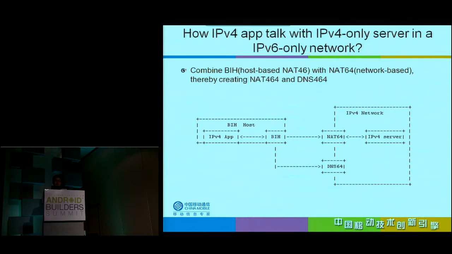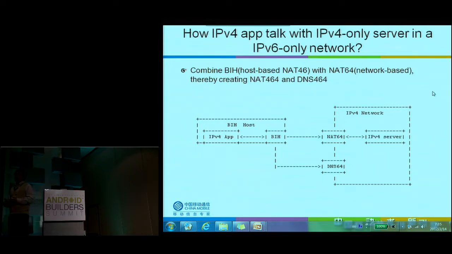Also, there is a question: how does the IPv4 application talk with an IPv4 only server in an IPv6 only network? This is a little conflicting, but there is a case to do this, because when a network operator sets up an IPv6 only network, there are lots of legacy IPv4 applications, and lots of services are based on IPv4 only servers.